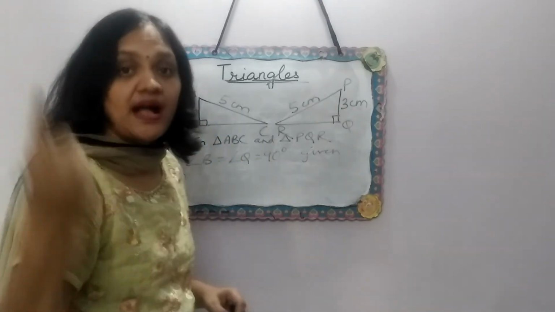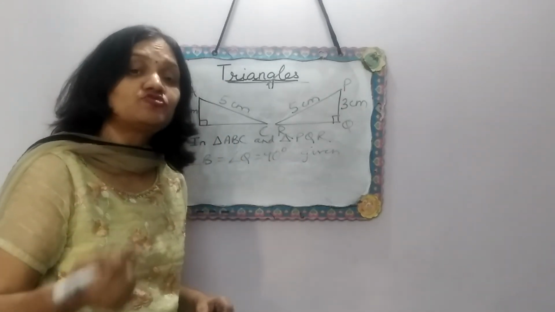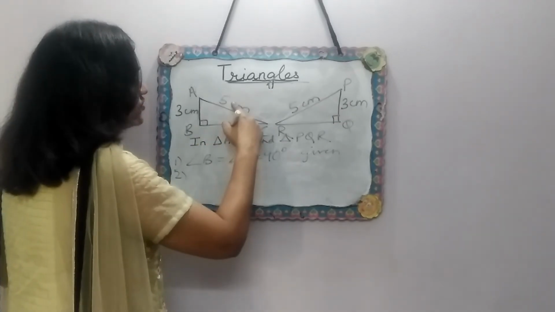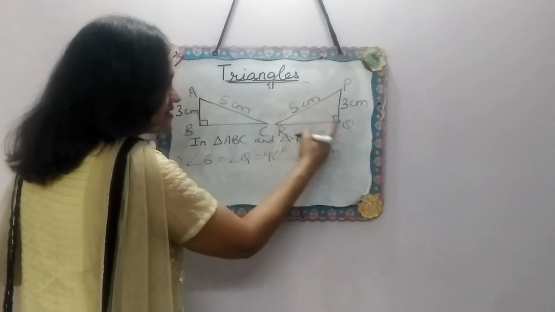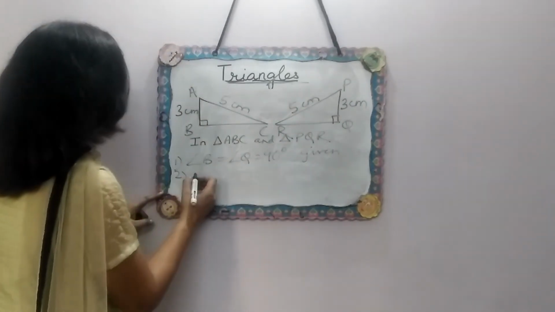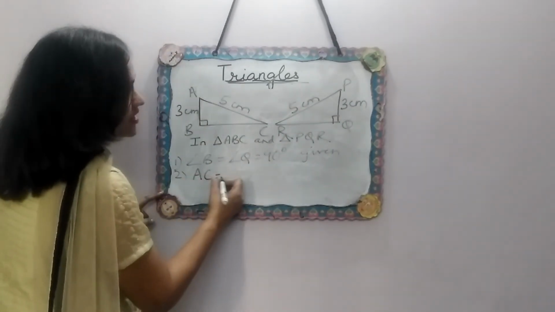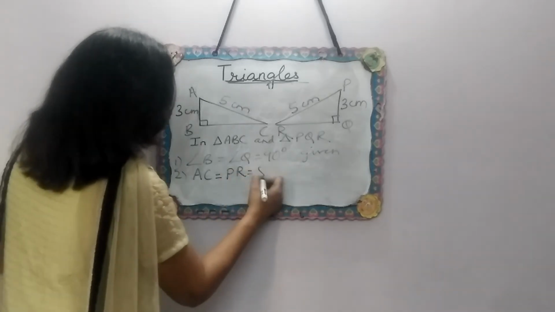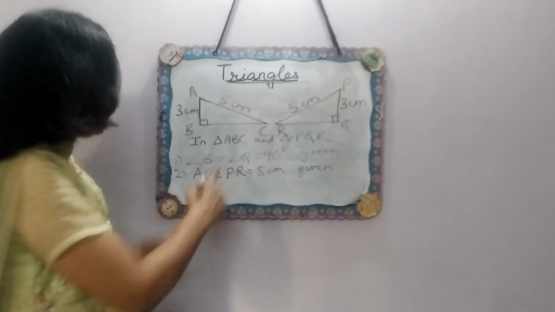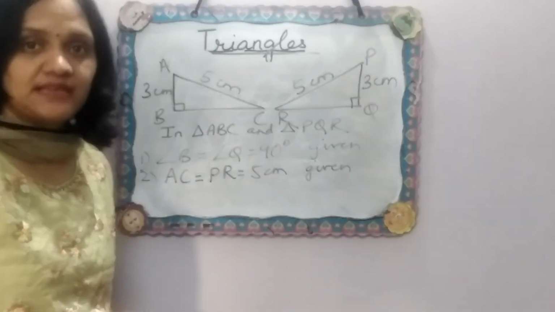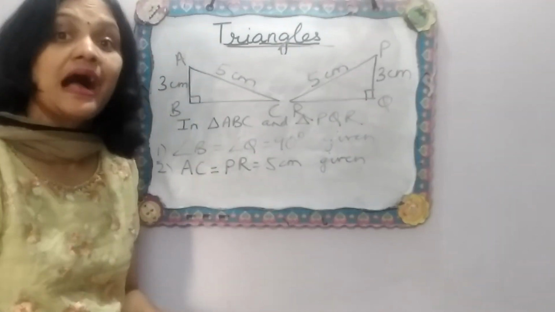What is the hypotenuse? Hypotenuse is the side opposite to the right angle. So the hypotenuse over here is 5 centimeter, it is the longest side of the triangle. So we can say that AC is equal to PR is equal to 5 centimeter, given in the question. We have written about one angle and the hypotenuse.